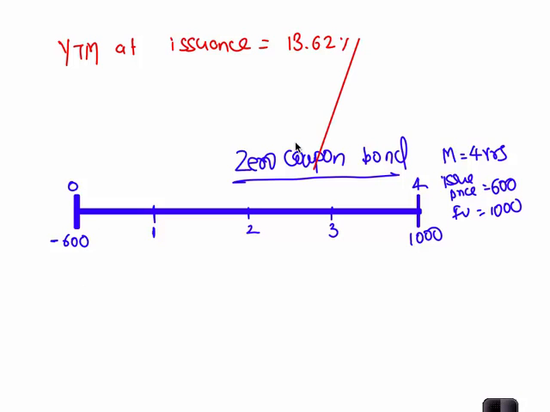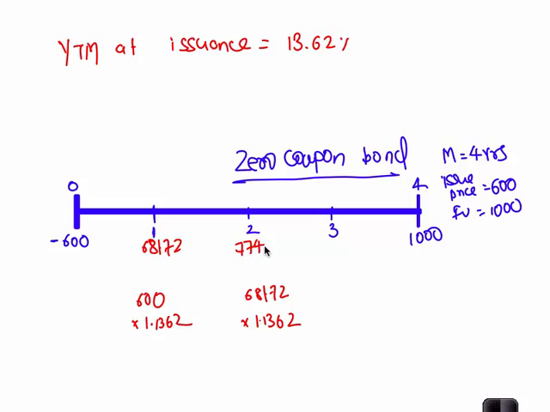So now please do this. 600 multiplied with 1.1362. 600 multiplied with 1.1362 is 681.72. Then 681.72 into 1.1362 is 774.5 something.